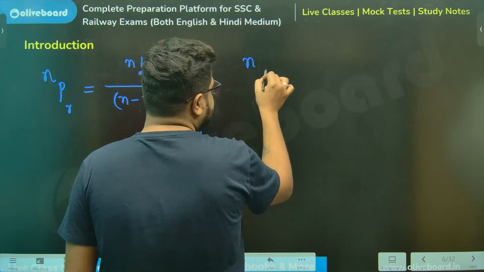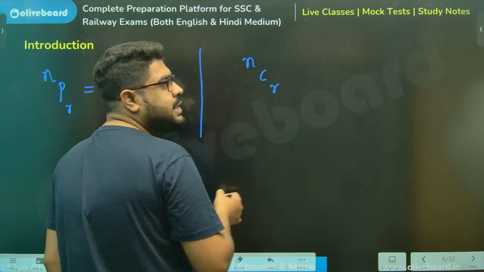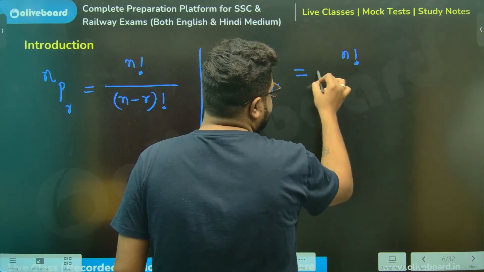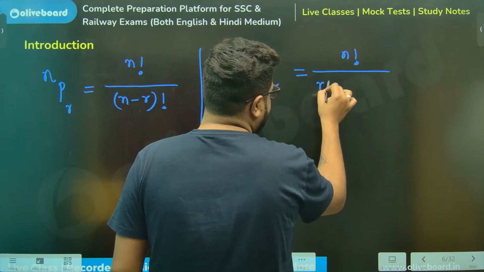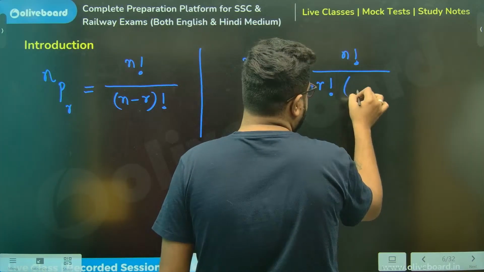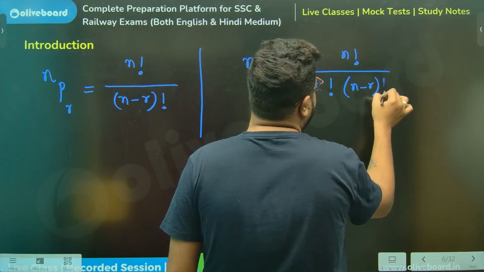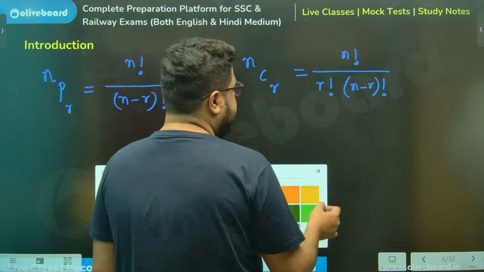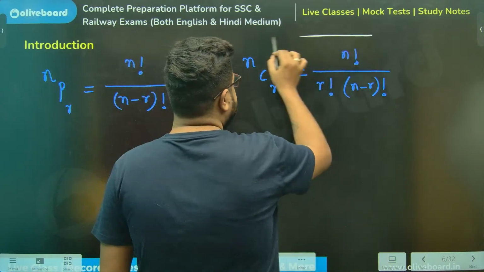At least I will not use it. NCR is something that we need to know much better. This is n factorial by r factorial into n minus r factorial. ठीक है?